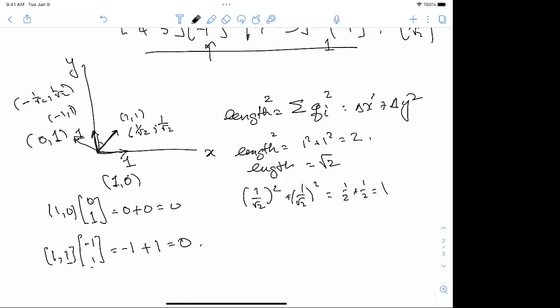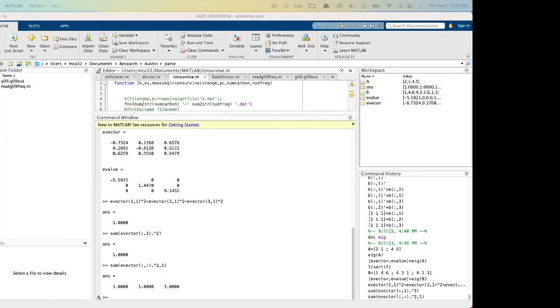So you shouldn't be surprised. These two vectors are every bit as orthogonal as these two vectors. And now we're going to use this geometric idea of orthogonality to say that if I have two vectors and their dot product is 0, we have things that are orthogonal.